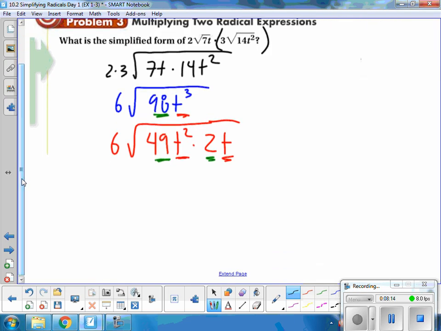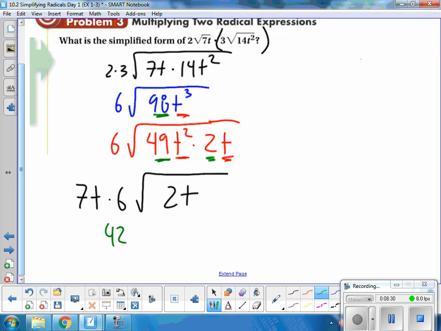So 49t squared factors out to 7t times 6 times the square root of 2t. That's what's left in there. I take 7t times 6 and I end up with 42t times the square root of 2t. And that is my simplified radical.